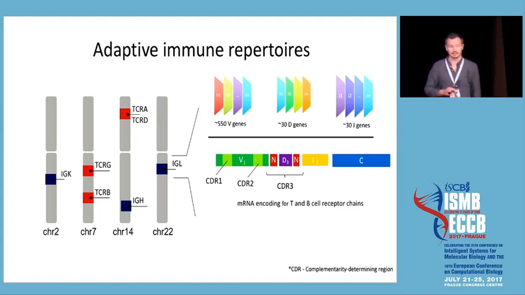Since it's the most diverse one, we will use it to define our clonotype as the set of distinct CDR3 sequences. And the collection of all the clonotypes of an individual we will refer to as the repertoire.